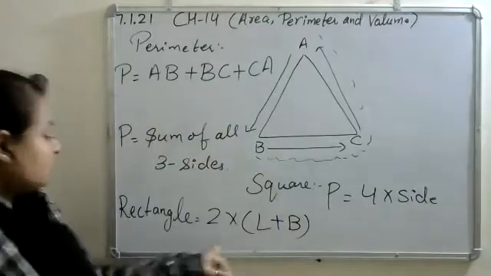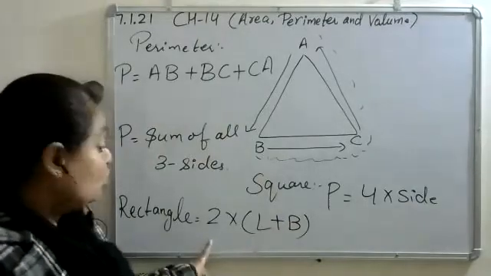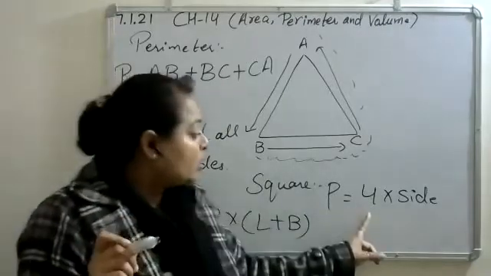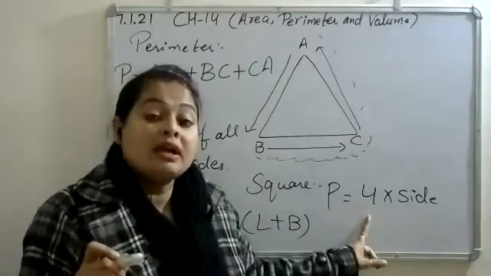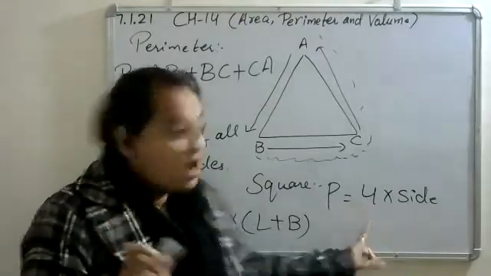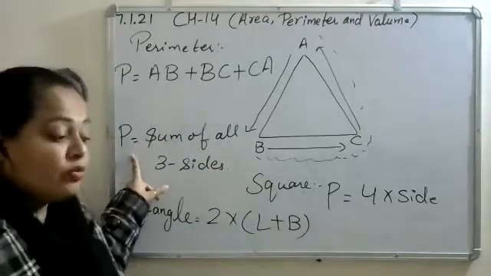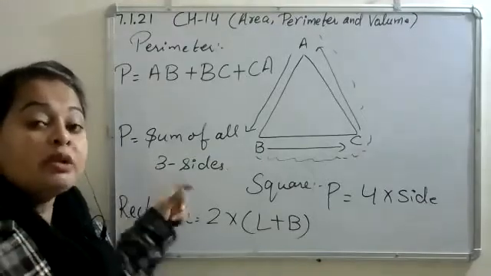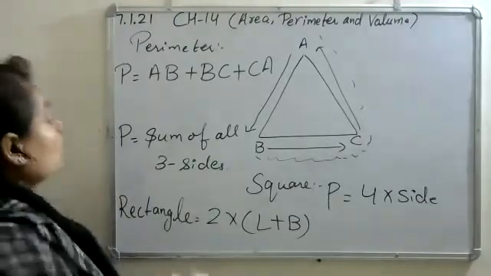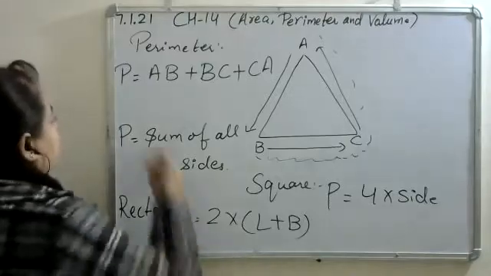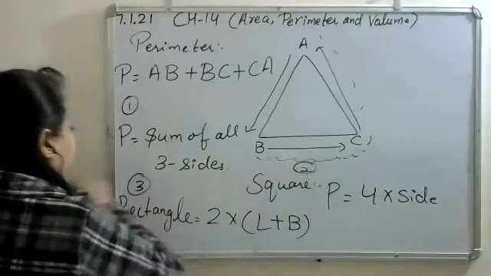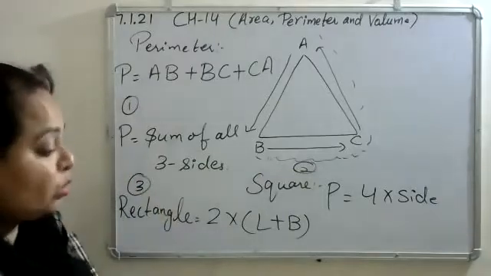You will use this formula only for the rectangle, this one only for the square, and this one only for the triangle. Don't mix. So note down all the three formulas, number 1, number 2 and number 3.